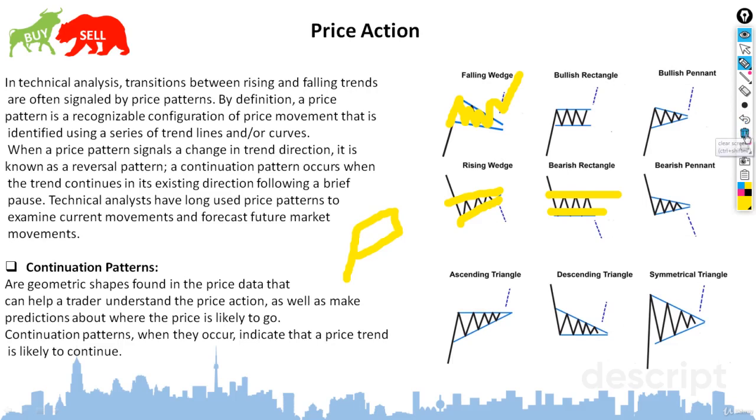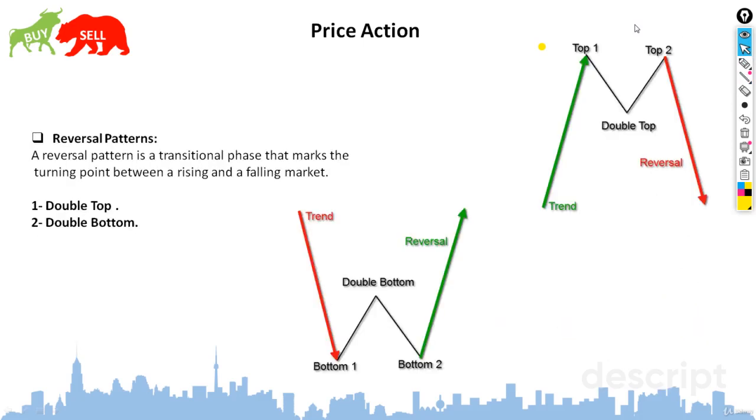In the second point we are going to see the reversal price action patterns. There are a lot of patterns, but what we are going to study is just the double top and the double bottom. A reversal pattern is a transitional phase that marks the turning point between a rising and a falling market.